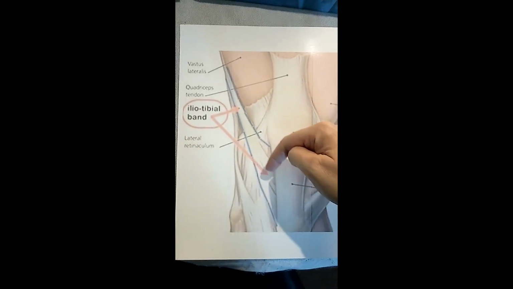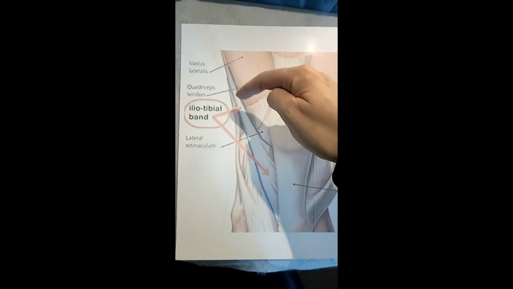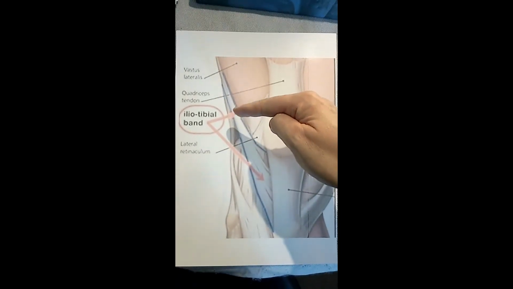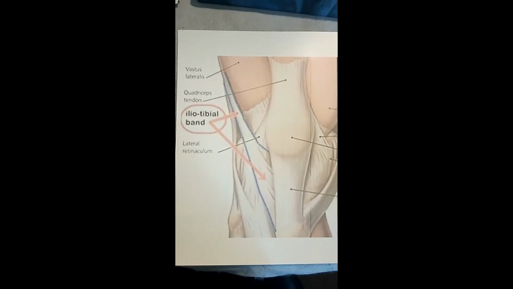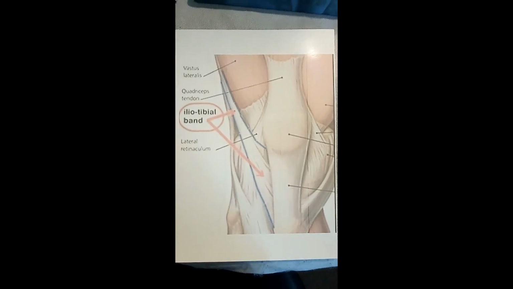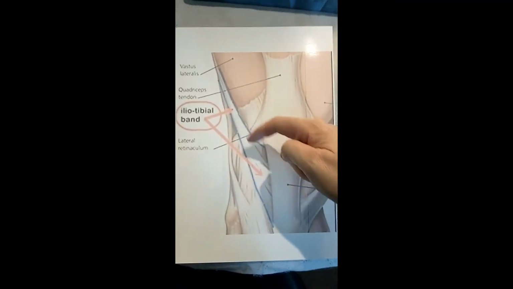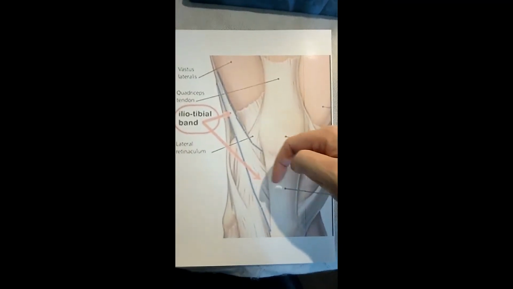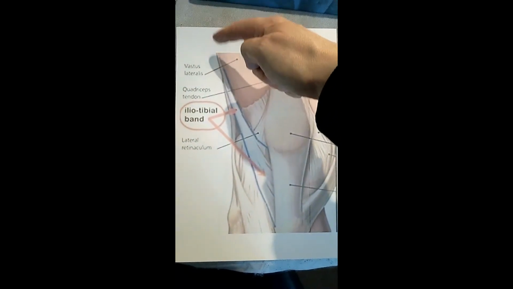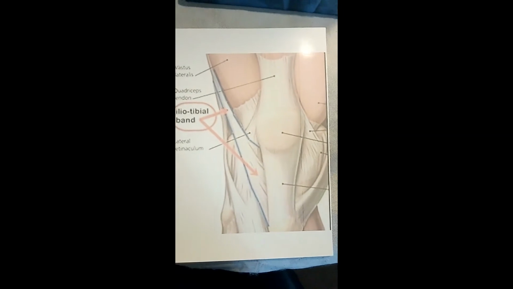And then this piece of tissue here, outlined in blue, is the IT band or iliotibial band, and as you can see, it crosses the knee joint at a bit of an angle, and then continues to run all the way up the lateral side of the thigh up to the hip.